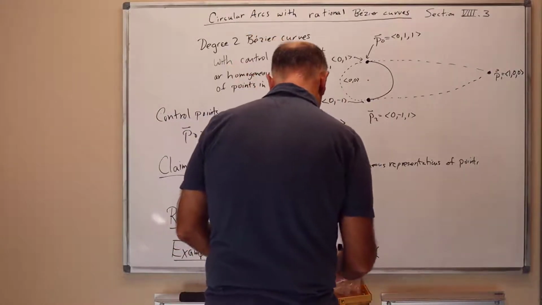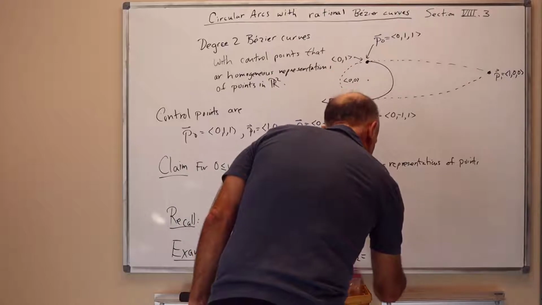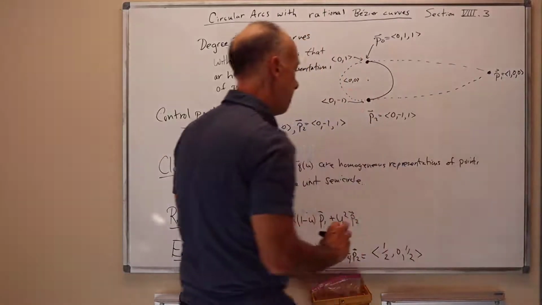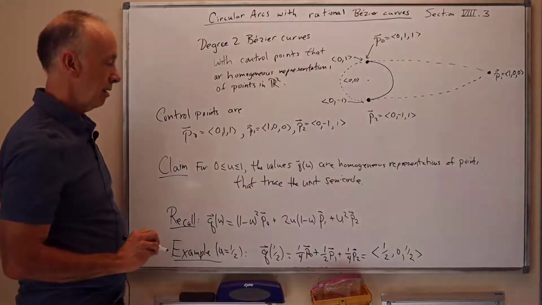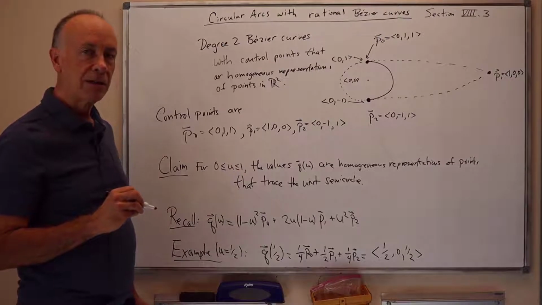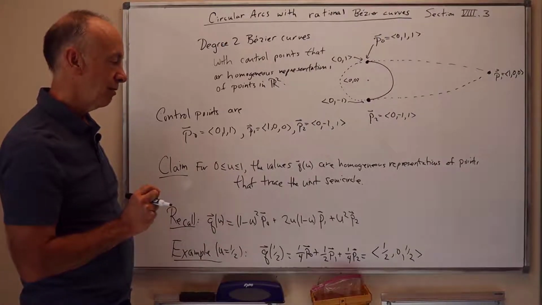And when you work that out, that ends up being 1/2, 0, 1/2. So that's the value of Q as a 3-vector, and it's the homogeneous representation of what point?